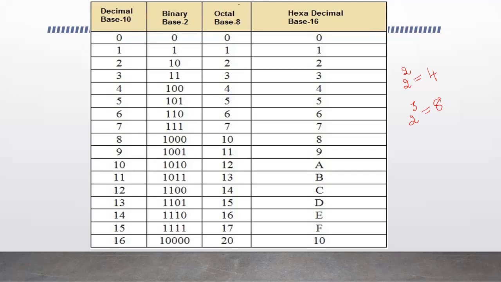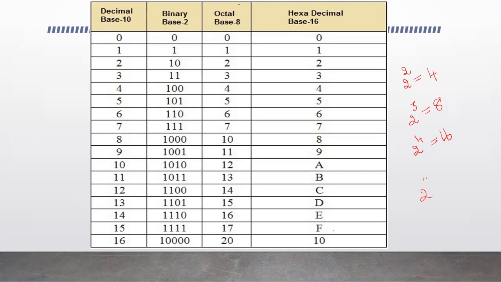And in hexadecimal we have 16 different symbols, 10 digits and 6 alphabets, so we need 4 bits, because 2 power 4 is 16. We need 4-bit combinations of binary to represent the 16 different symbols.